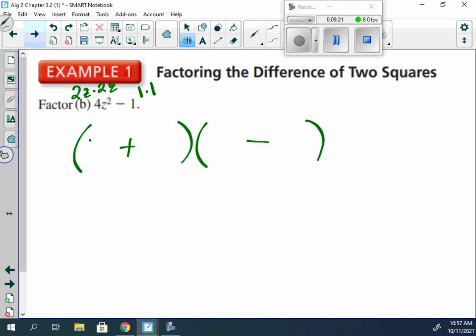And in the first spot we would have 2z and 2z, and in the other spot we would have 1 and 1. And that's it. We could check it to see that the middle term is 0, but that is it. Questions on this? You ready for the next one?